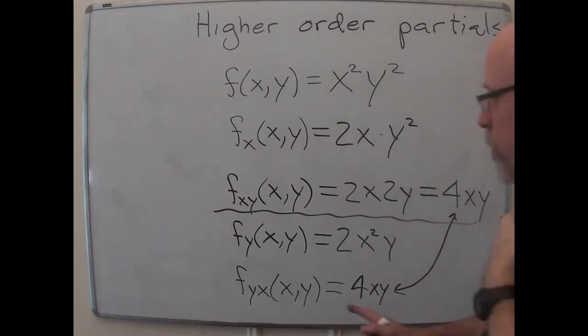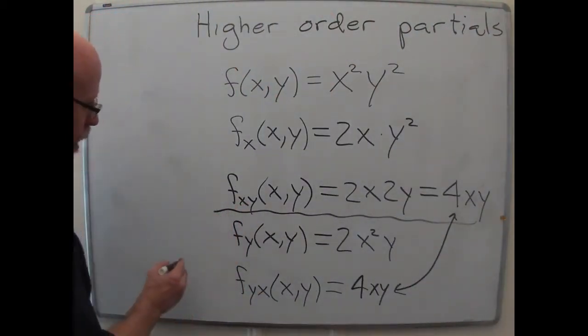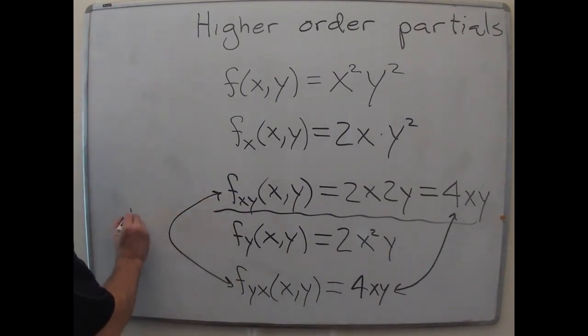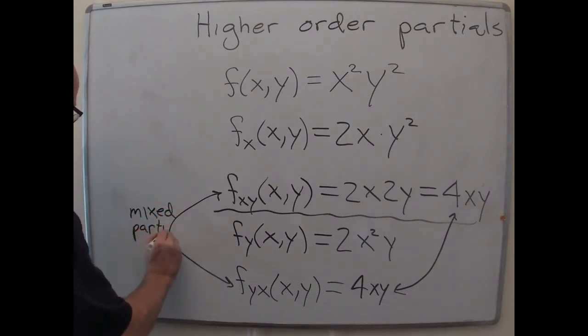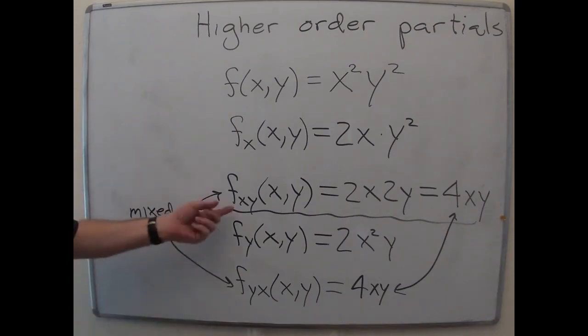These kinds of derivatives, where one is with respect to x and one is with respect to y, are known as mixed partials. So, just terminology here. What I'm asking is, do the mixed partials have to be equal to one another? There are two options for how I could take these derivatives.